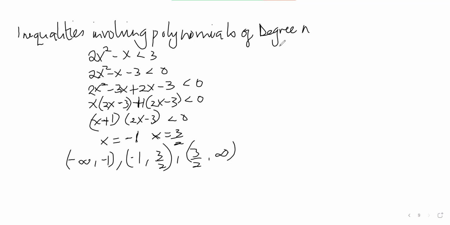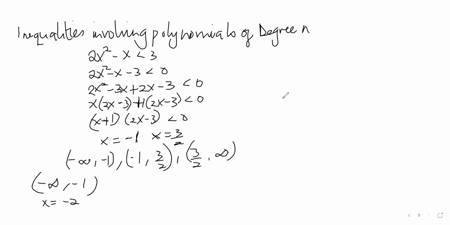And the way we test it, we will still test here to check where it belongs. So like in that interval, we can pick x being equal to -2. And then we test in this or that.